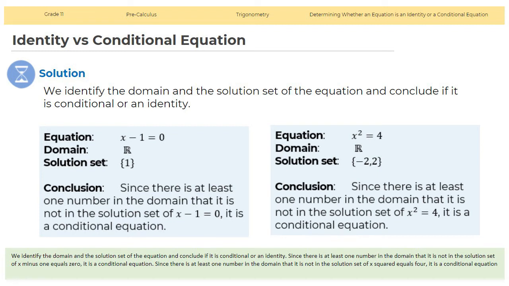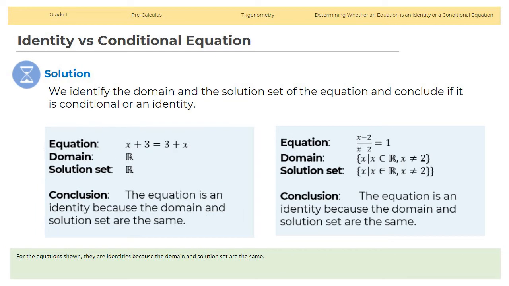Since there is at least one number in the domain that is not in the solution set of x minus 1 equals 0, it is a conditional equation. Since there is at least one number in the domain that is not in the solution set of x squared equals 4, it is also a conditional equation. For these other equations, they are identities because the domain and the solution set are the same.